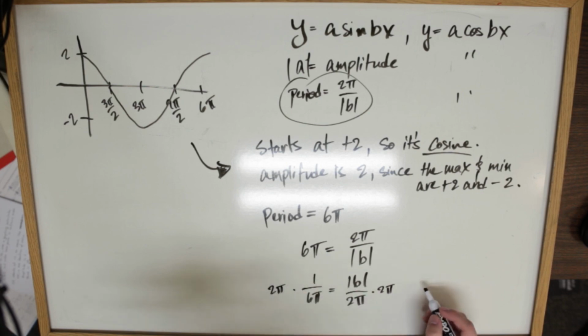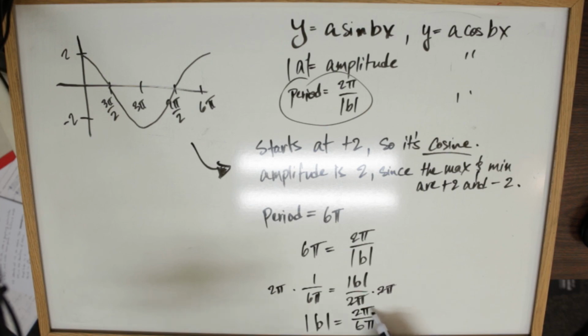That'll wipe this out. And that means that we have absolute b is going to equal 2 pi divided by 6 pi. Okay, so that's going to cancel, which is equal to 2 over 6, which is equal to 1/3. So absolute value of b is equal to 1/3.